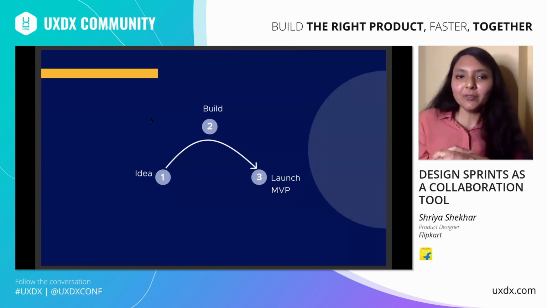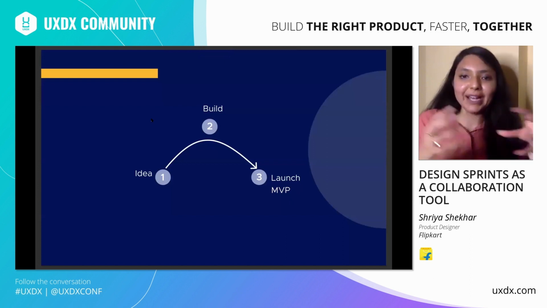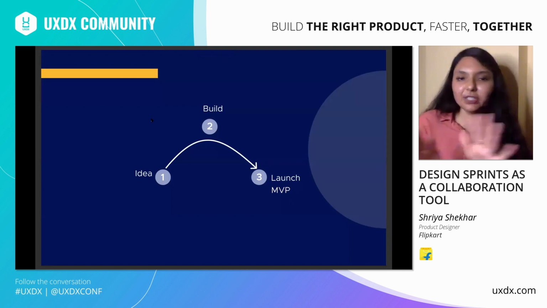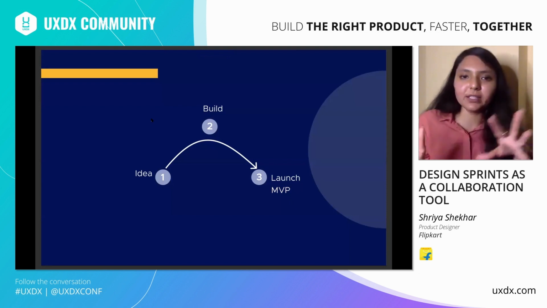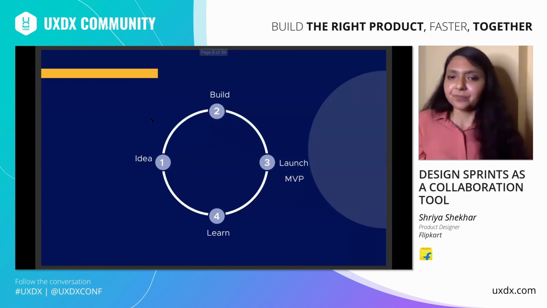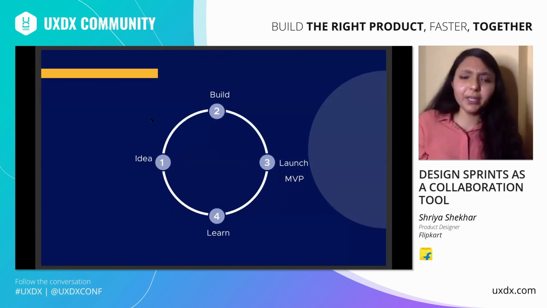What we were thinking was that we'll go from idea to launch, and build that MVP. It's going to be a simple 3-step process. We already know the requirements, and we will go and build it and then launch the MVP. After launching the MVP, we will do some learnings, and then it will go back to the idea and become an iterative process.